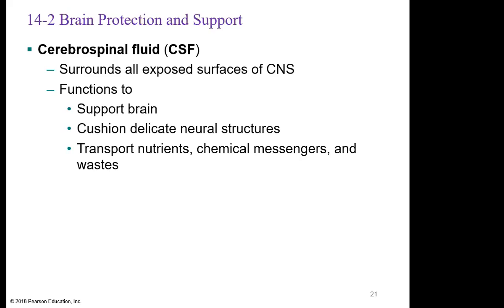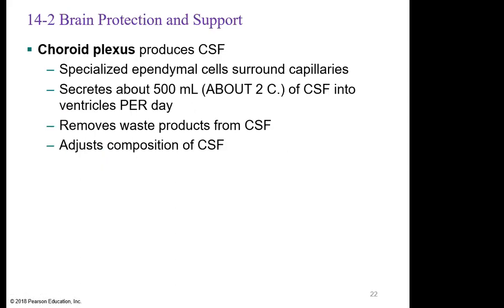So it's supportive, it's very cushiony, and it will also help with transporting nutrients, chemical messengers, and waste. So vitally important in helping to maintain homeostasis within the brain. As I said, the choroid plexus is going to produce the cerebrospinal fluid from the specialized ependymal cells that surround the capillaries within the ventricles.